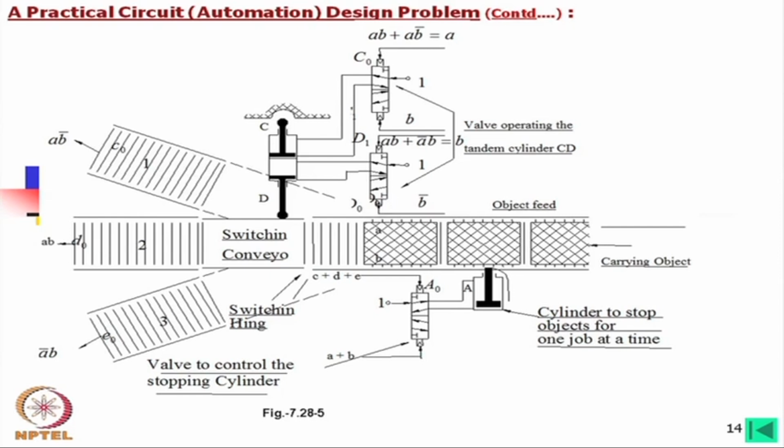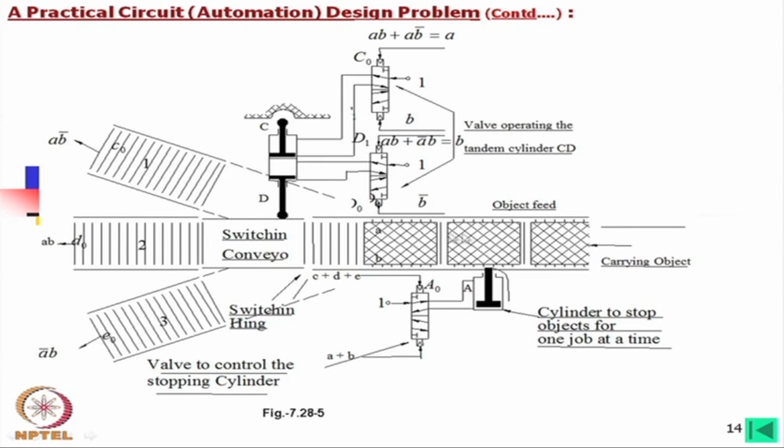In that case, what we find, there is a conveyor. This conveyor is moving right to left. Now, on that conveyor, the objects are coming from another source. Sometimes we might be putting them there manually, or maybe they are coming together from another conveyor.